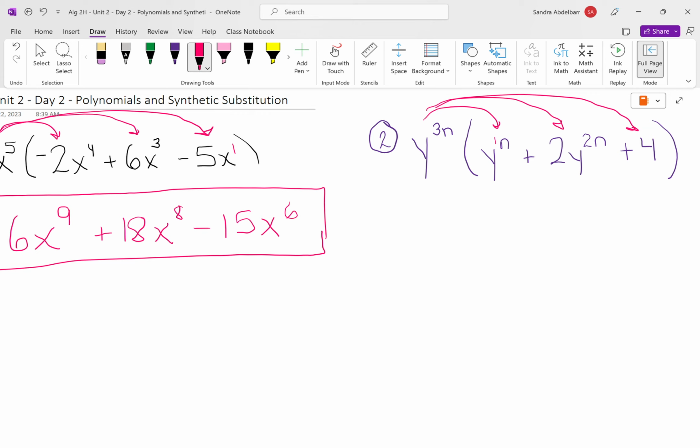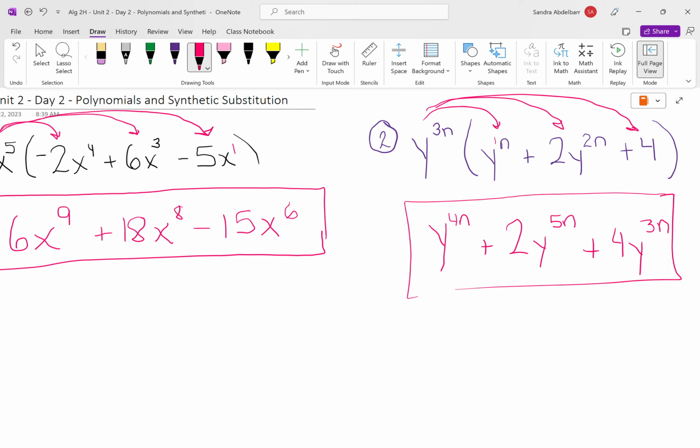Y to the 3n times y to the 1n. Remember, keep your base, add your exponents. What's 3n plus 1n? 4n. Y to the 3n times 2y to the 2n is going to be 2y to the 5n. Good. Y to the 3n times 4 is just 4y to the 3n. Again, no like terms, so we stop here.